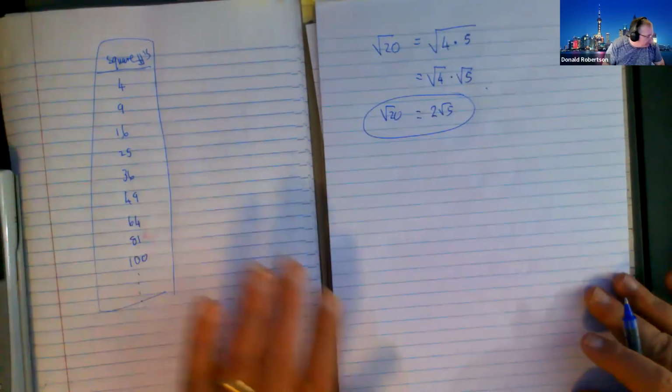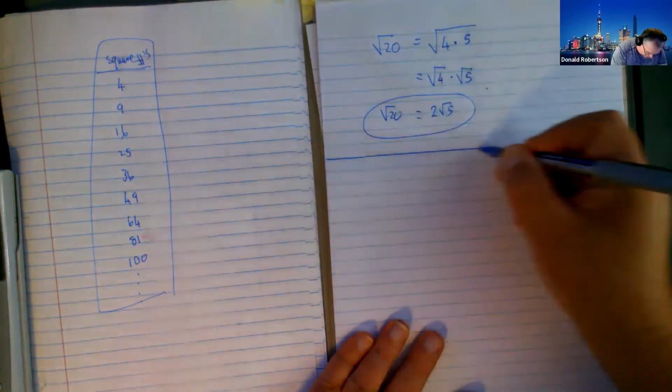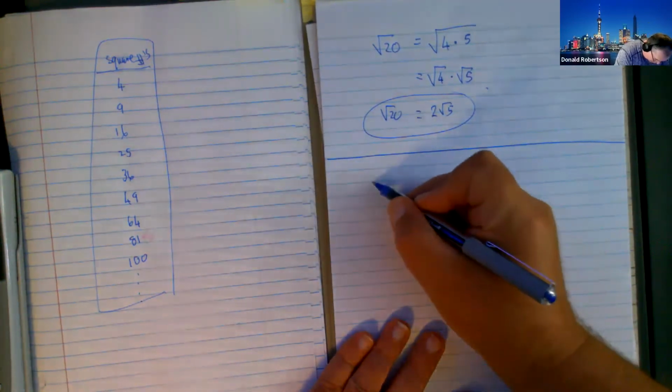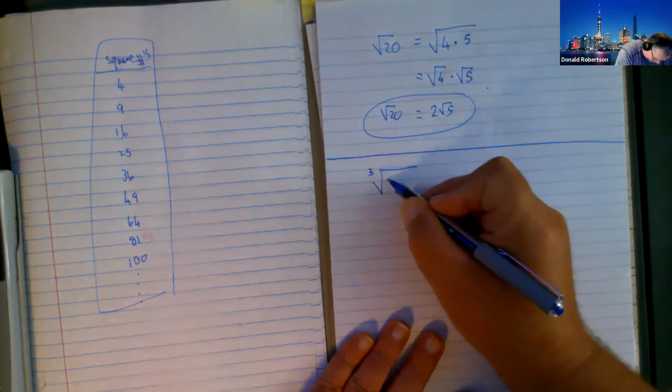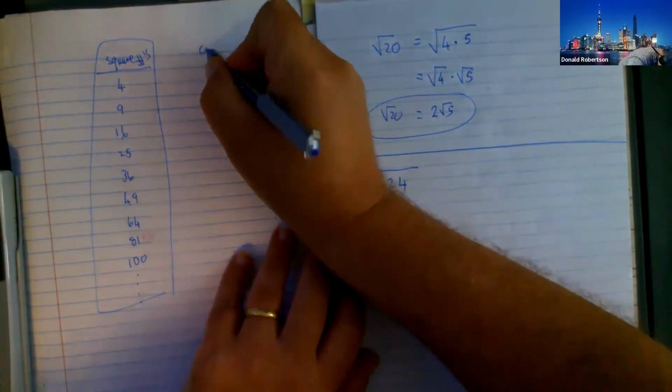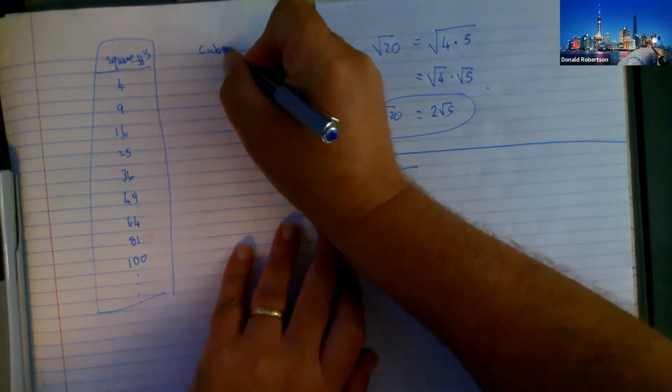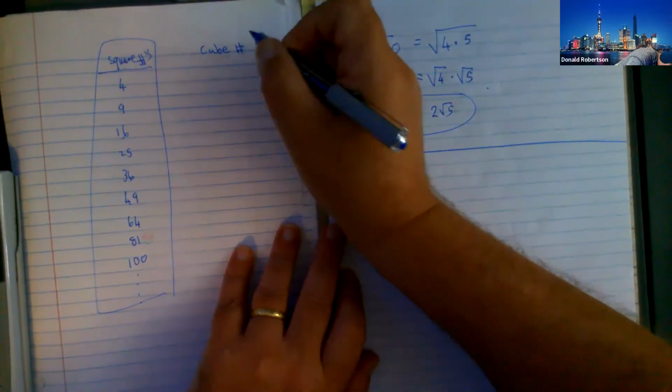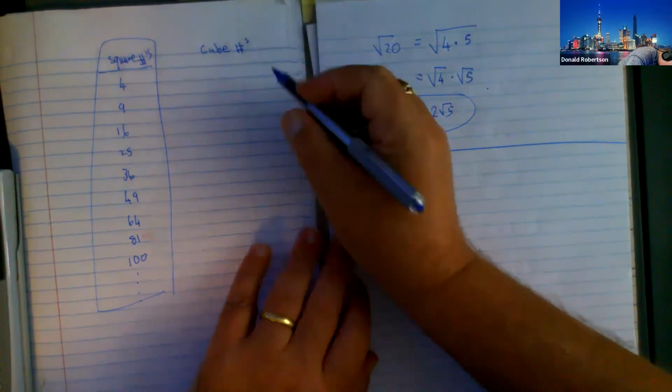Now, what about the same kind of question, but a cube root? So what we need to do that is a very similar process. We're going to do the cube numbers.